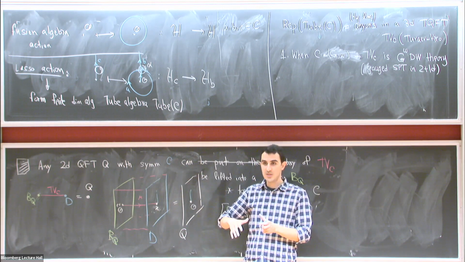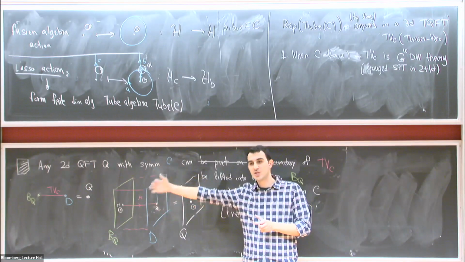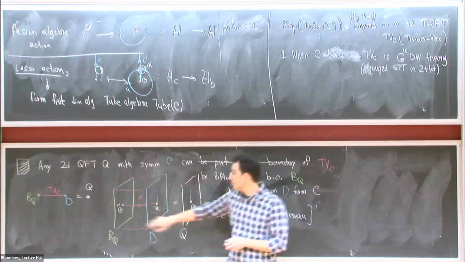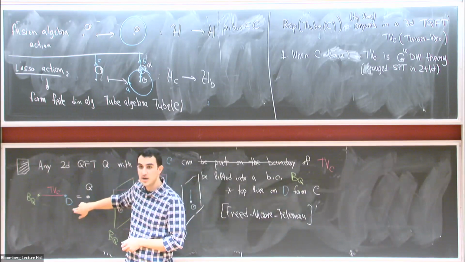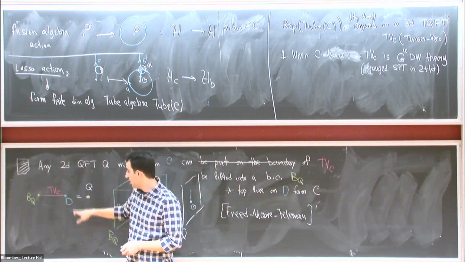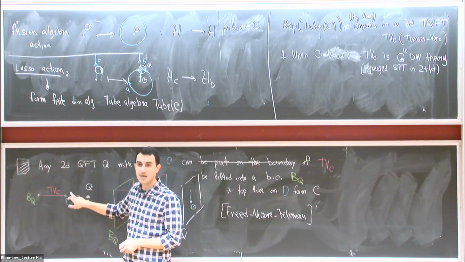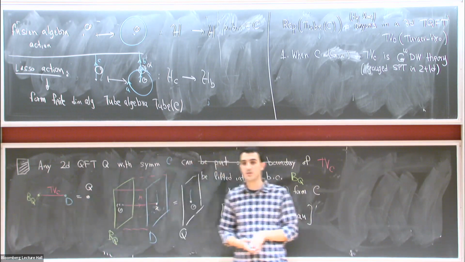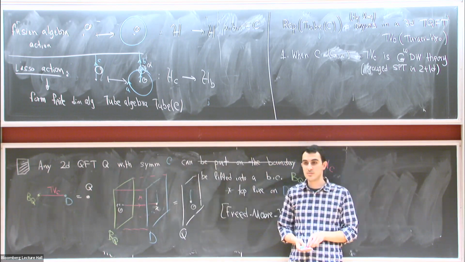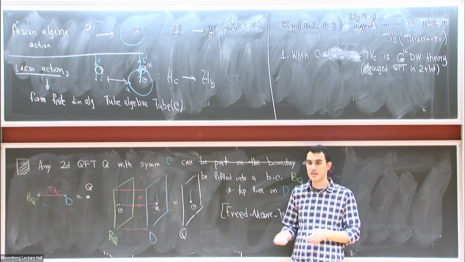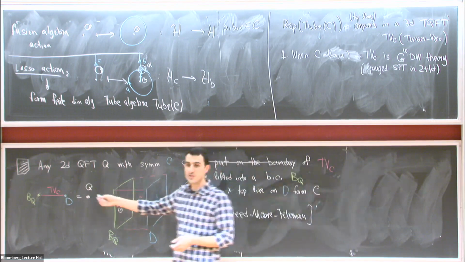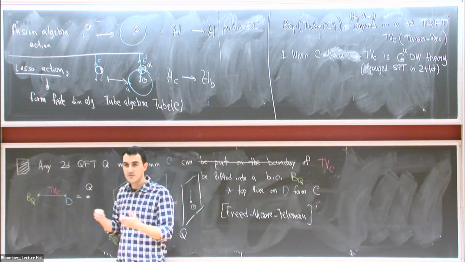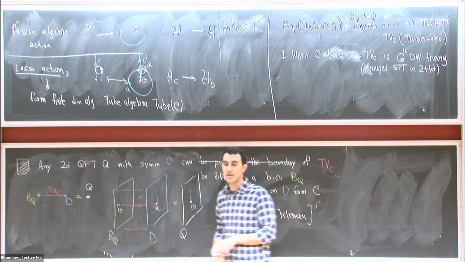You gauge the SPT and terminate the spacetime by putting a Dirichlet boundary condition. That is supposed to give you this construction. You have to verify that putting the Dirichlet boundary condition gives you the original theory back. But you have a general proof.